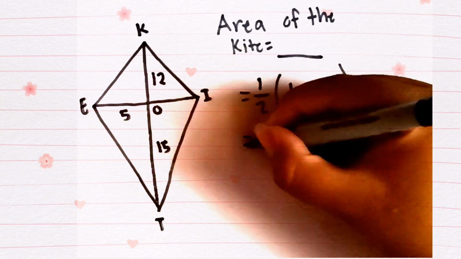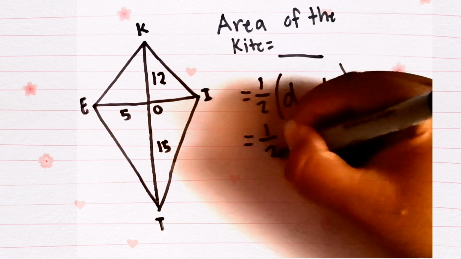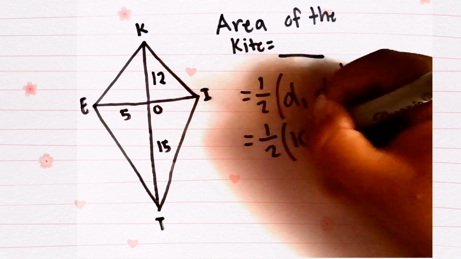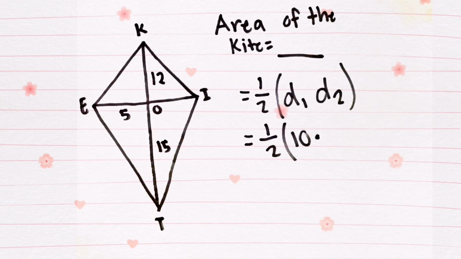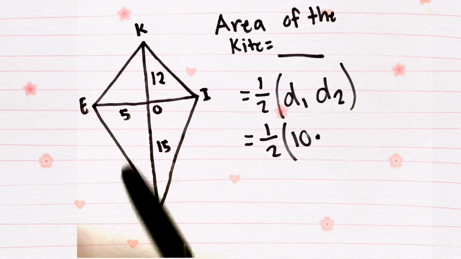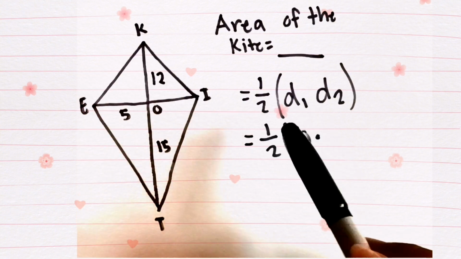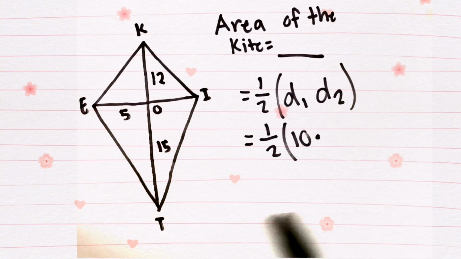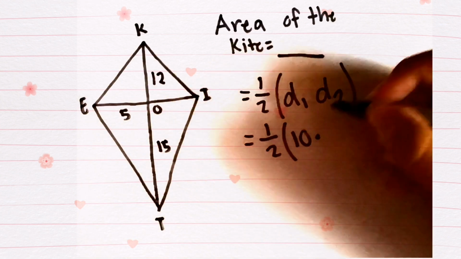So EI is 10. Since the segment KO is 12 and the segment OT is 15, we just need to add these, and the answer is 27. So the diagonal KT is 27.